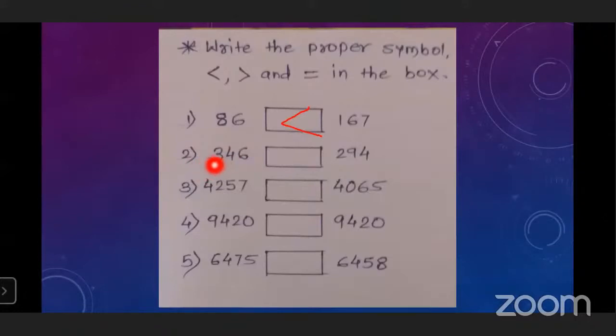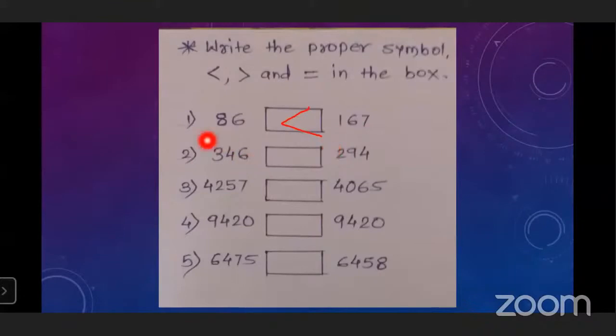Yes, on the higher place there is a 3. And here on the higher place, which number is here? 2. Okay, means here 300 and here 200. Means this first number is bigger than the other number.